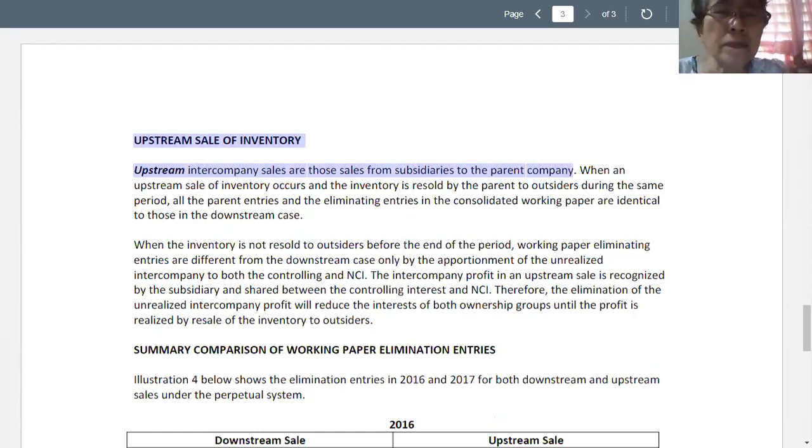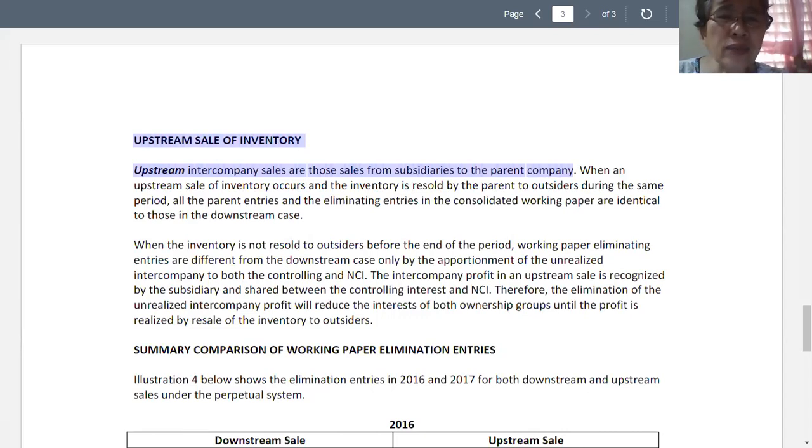When an upstream sale of inventory occurs and the inventory is resold by the parent to outsiders during the same period, all the parent entries and the eliminating entries in the consolidated working paper are identical to those in the downstream case.